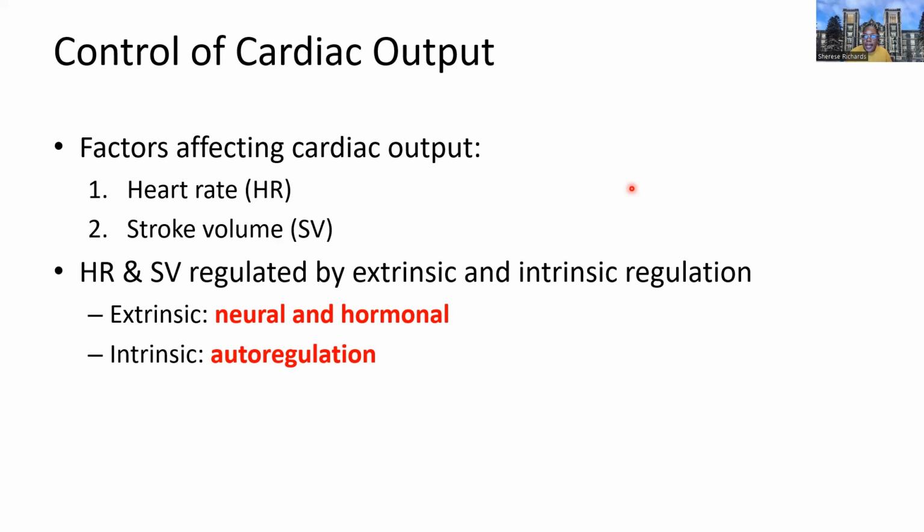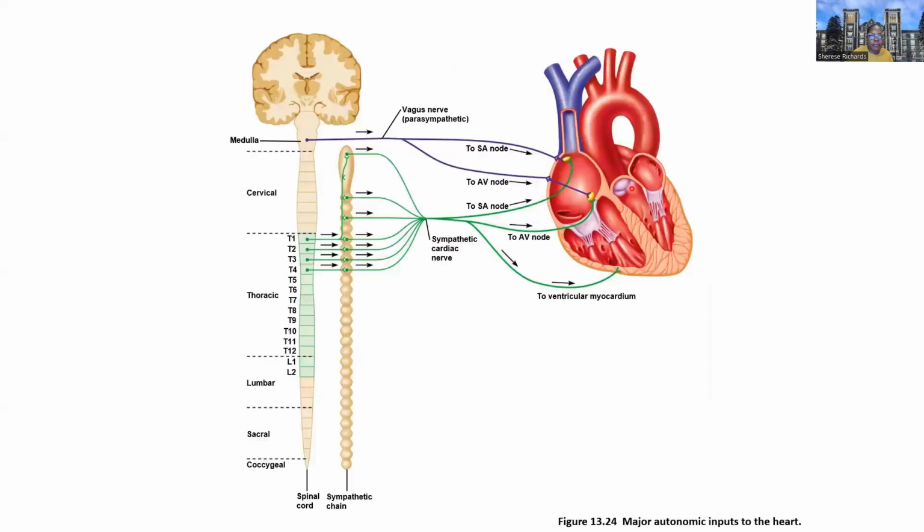And we'll talk about what this is, but these are factors inside the heart that can change the heart rate or the stroke volume, such as the state of the ventricles or even how much blood has been filled. So those are going to be factors internally versus external things like hormones and neurons.